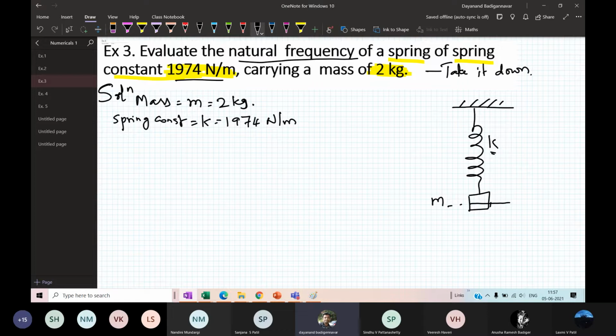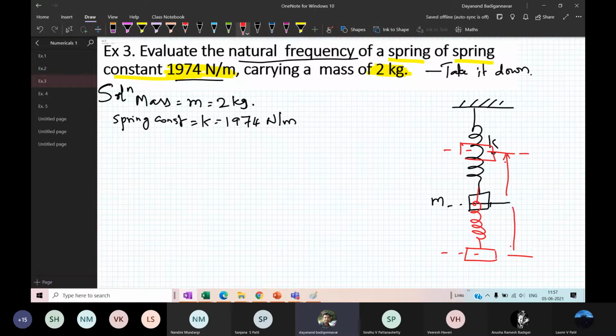Once it starts oscillating, what is the frequency of oscillation? That means per second, how many oscillations are taking place?